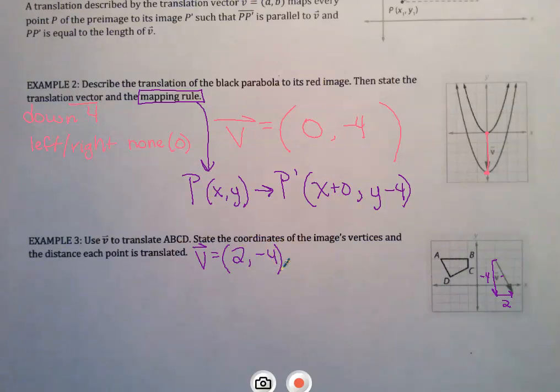All right, so that's all we're doing. With each of those points, we're going to move them 2 to the right. So I'm going to go to A, go 2 right and 4 down. It is tremendously hard to see on this board. So 1, 2, 1, 2, 3, 4. Okay, that's A prime. B, we go 2 right and 4 down.